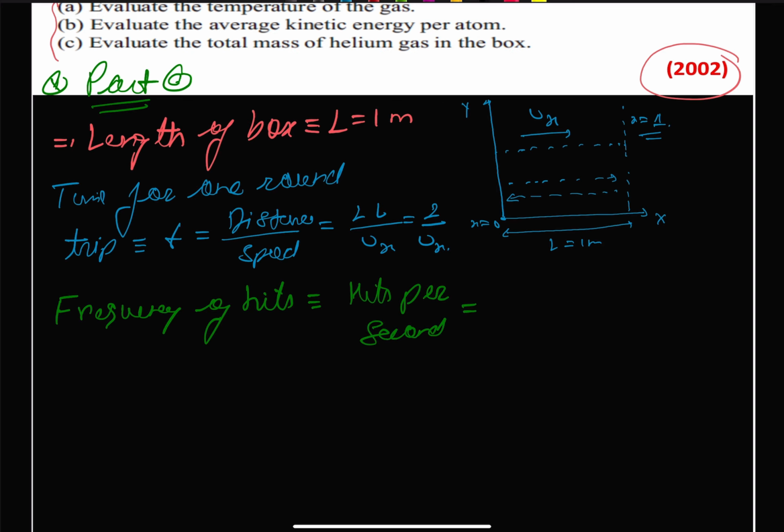That will be the reverse of this time period, so we get v of x upon 2L. This frequency of hits is given to us as 500. Therefore v of x will be equal to 1000 meter per second. But it is said that the velocity is the root mean square velocity, and we only know v of x, so we can find the root mean square velocity.